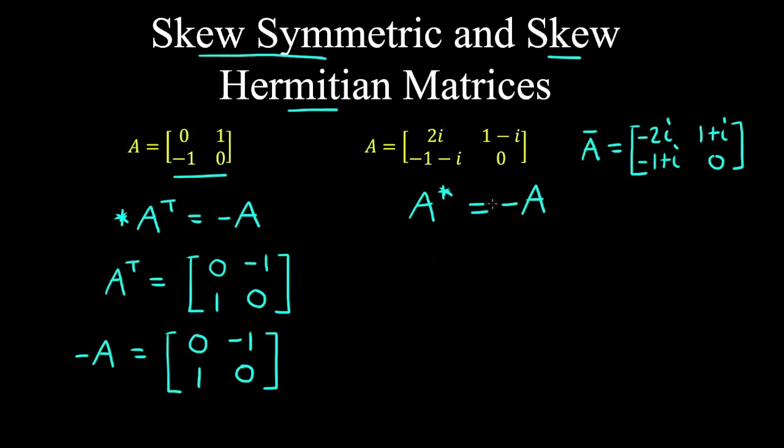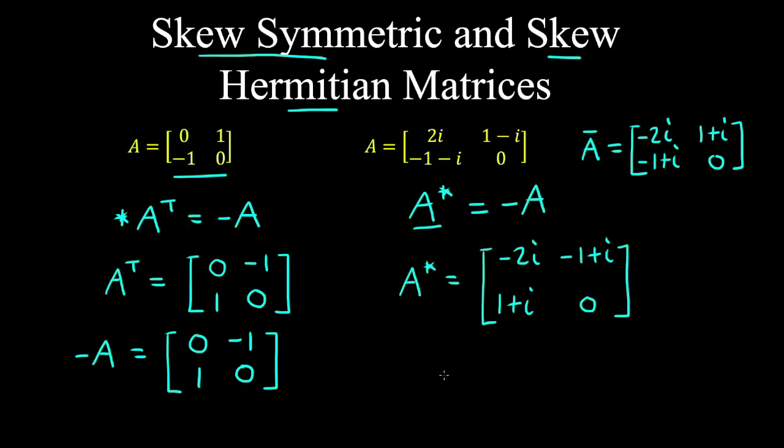And then take the transpose to get this matrix. So we end up with minus 2i, and 1 plus i, and minus 1 plus i, and 0.